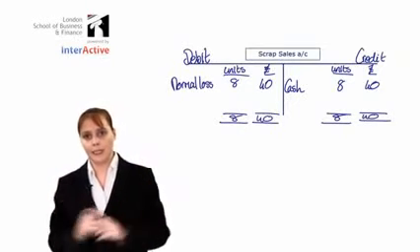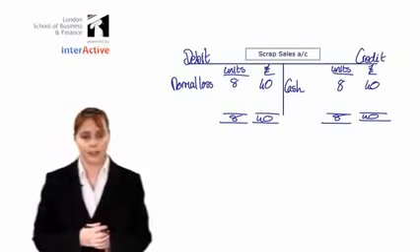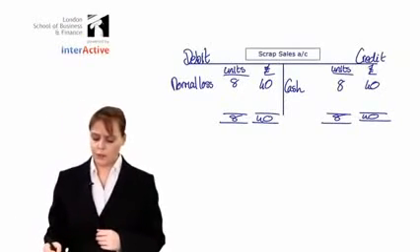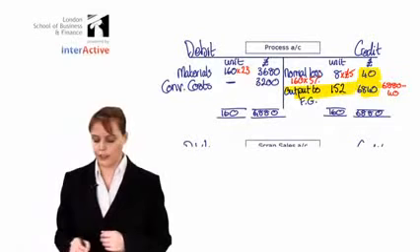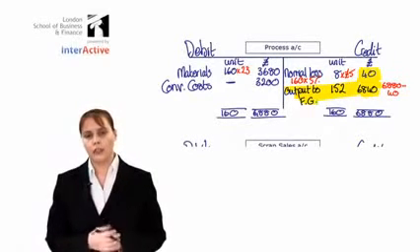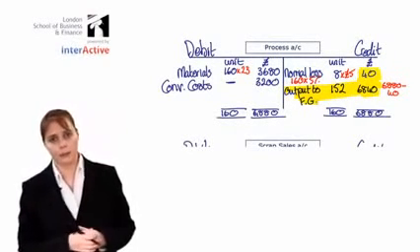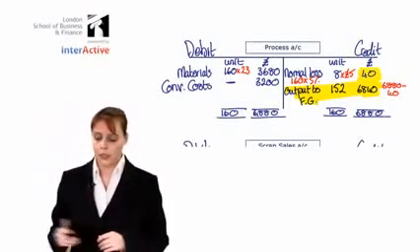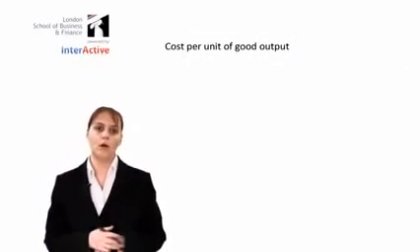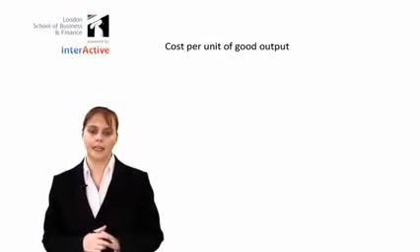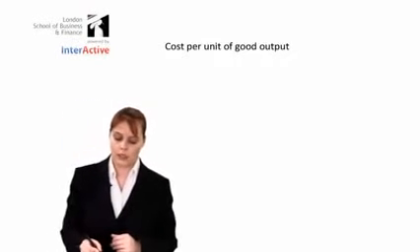Now, the last thing we want to consider then, in relation to our normal loss section, is the way in which we have valued our output to finished goods. Now, I know we calculated this as a balancing figure in our process account. However, there is a key formula we will always use to calculate our cost per unit of good output.